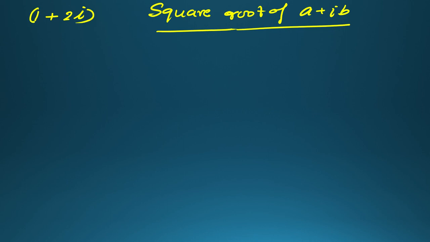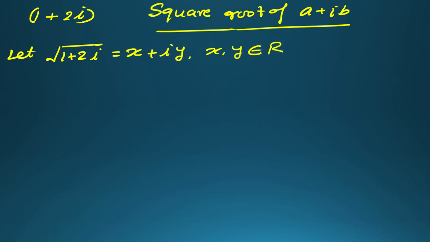Since we are trying to find the square root of a complex number, no doubt its square root will also be a complex number. So I am assuming, let the square root of 1 plus 2i be equal to x plus iy, where x and y are real numbers. Now we have to solve this equation and get the values of x and y.